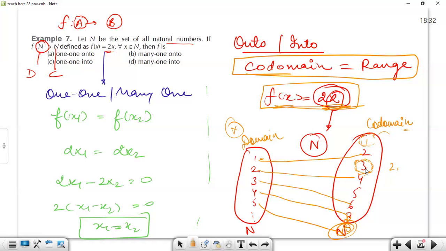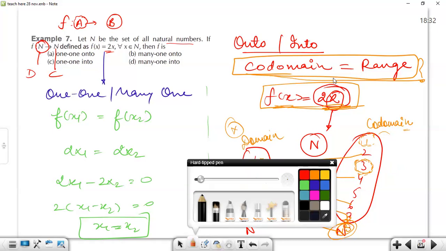Clear? Yes, sir. So is the codomain equal to the range here? This is my question. No, sir. Why no?